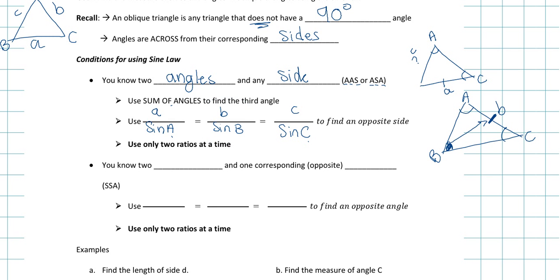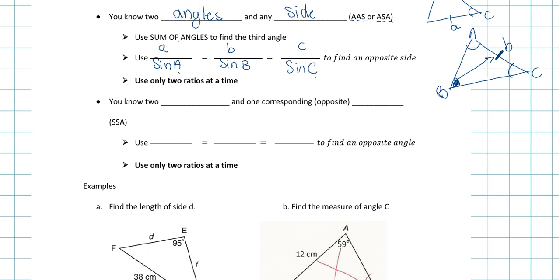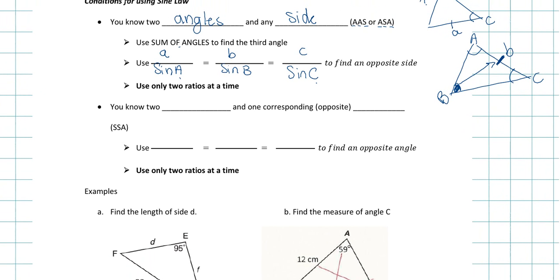Now, if you know two sides, and in this case it must be a corresponding or opposite angle. If it's not an opposite angle, then you can't use sine law. So you need to know two sides and one of their opposite angles. Then we can use the following formula to solve for the other angle.